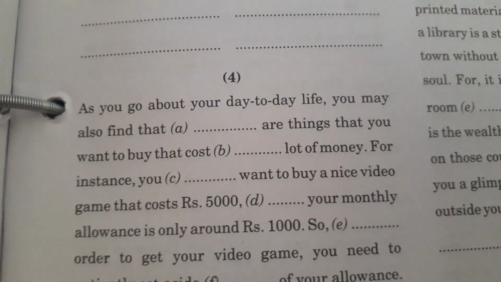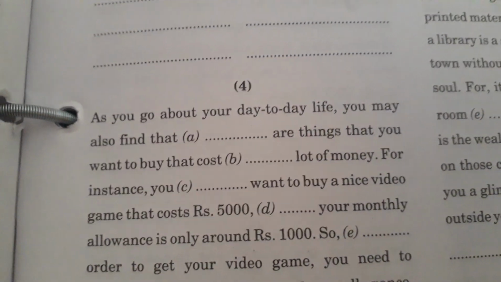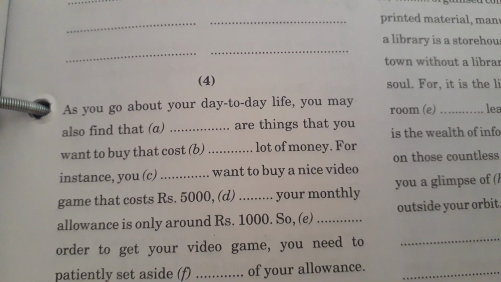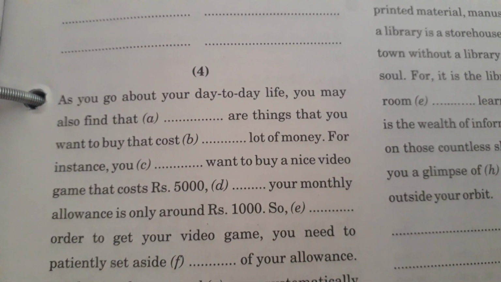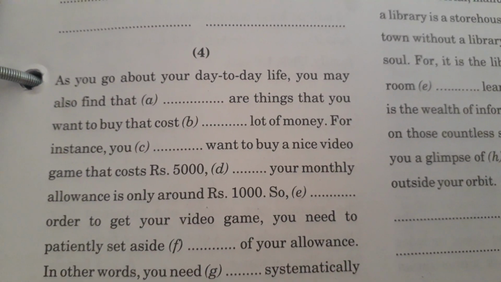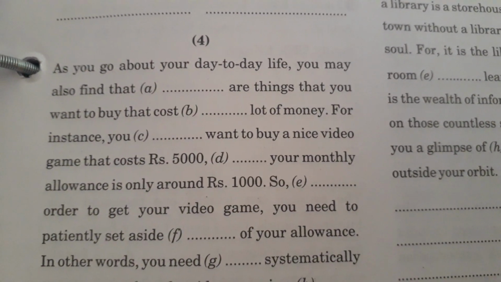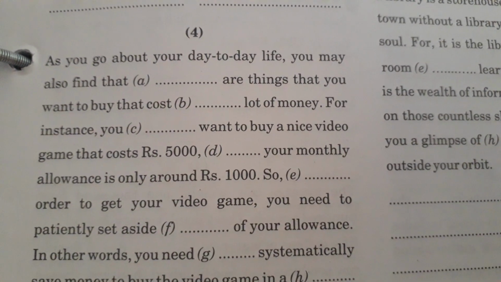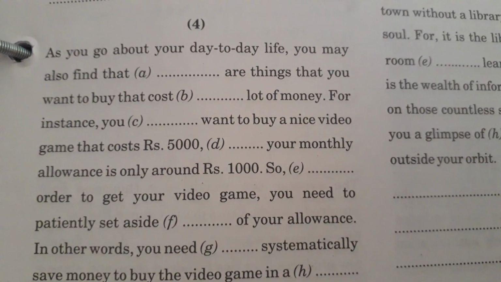Okay. One more. As you go about your day-to-day life, you may also find that there are things that you want to buy that cost a lot of money. For instance, you may want to buy a nice video game that costs rupees 5000.